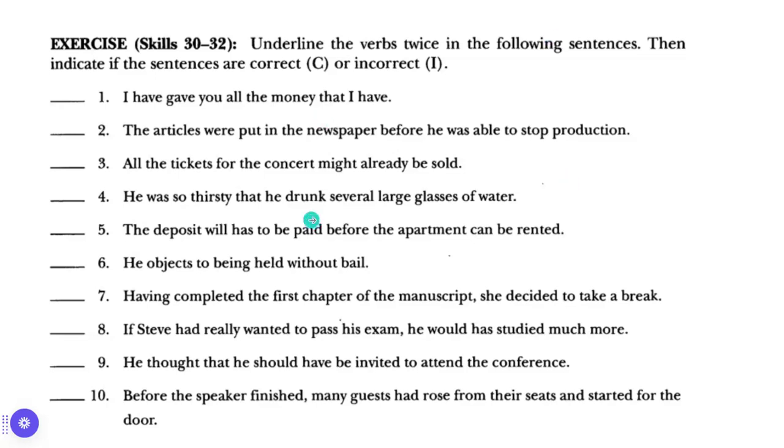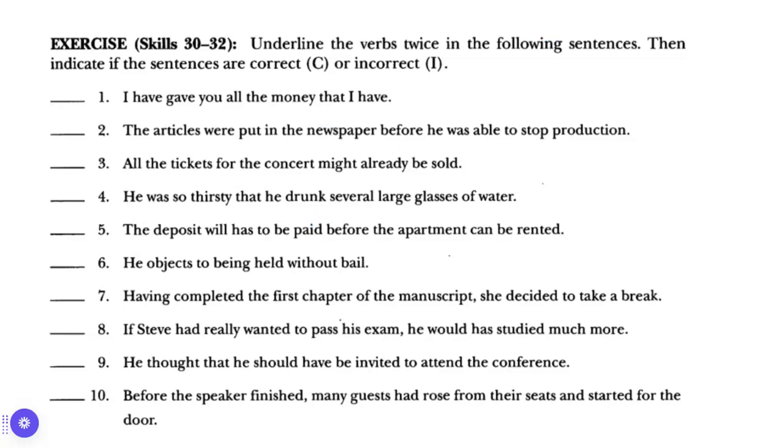Okay, let's review. Number one, incorrect. Gave should be given. Numbers 2 and 3, both correct. Number 4, incorrect. Drunk should be drank with an A. D-R-A-N-K. 5, incorrect.